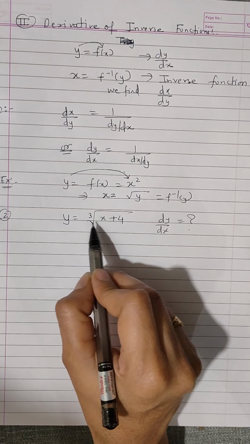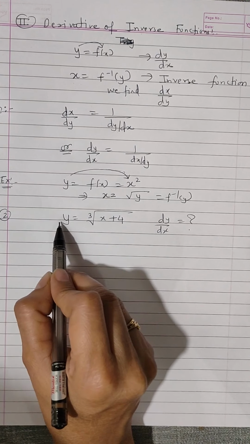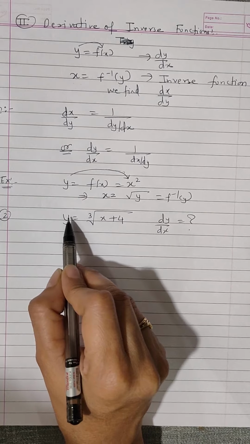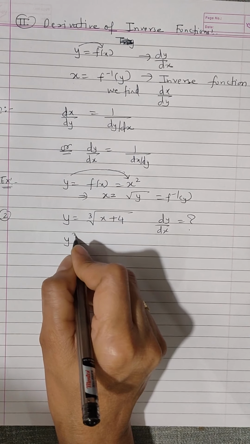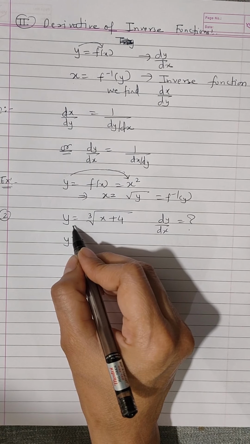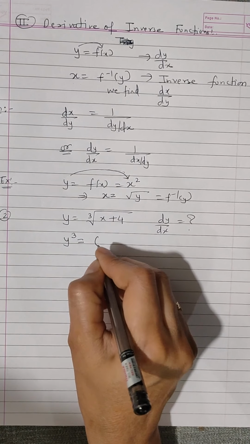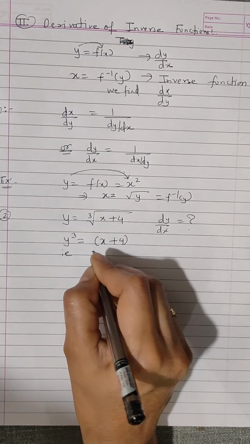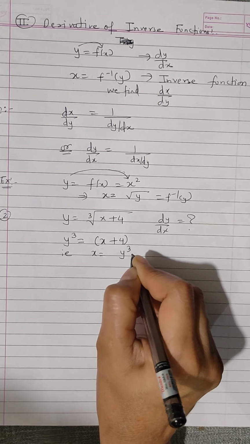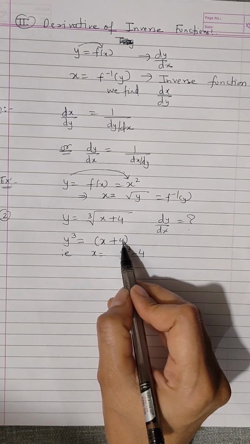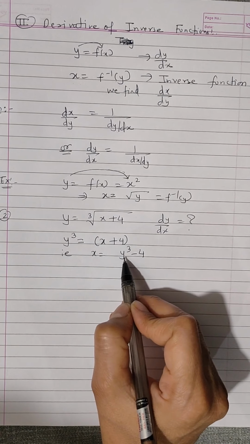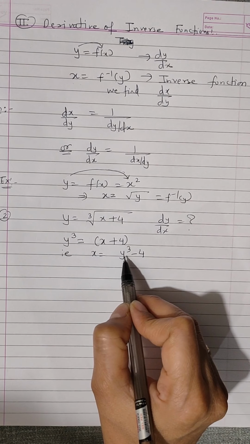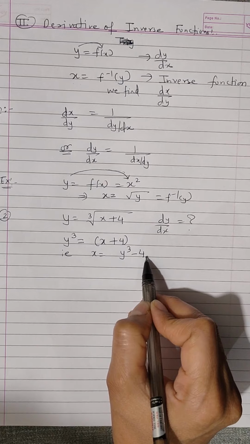Taking cube on both sides, y becomes y cube and the right side becomes x plus 4. This means x equal to y cube minus 4, as this 4 goes to the other side.